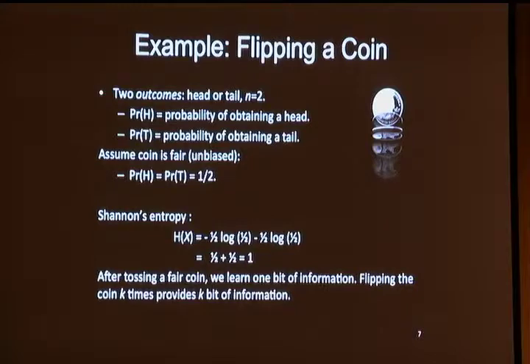We have two possible outcomes, head or tail. Assuming the coin is fair, the probability of obtaining a head is one half, and tail is one half as well. In this situation, if we plug in the values, the Shannon entropy of this process is 1. So after we toss a coin, we get 1 bit of information.